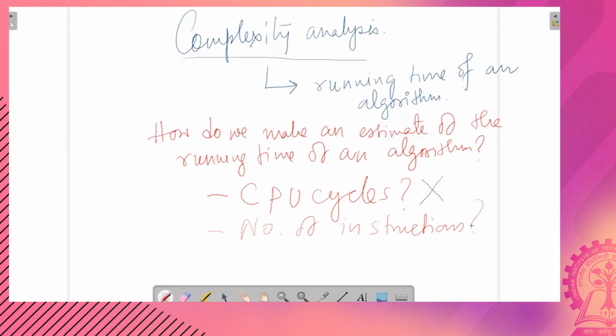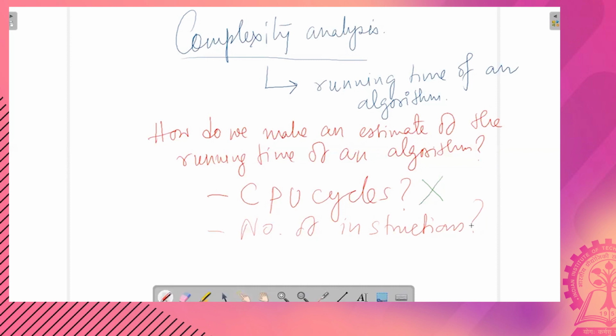Number of instructions means, more colloquially, the number of lines of code. With the age of Python, many of you are aware that in some languages you need to write more instructions to do a certain task compared to other languages.